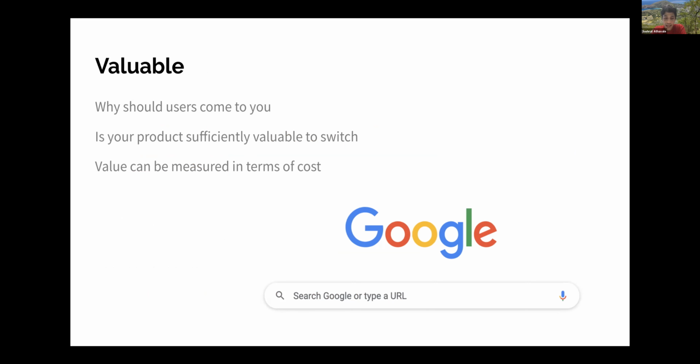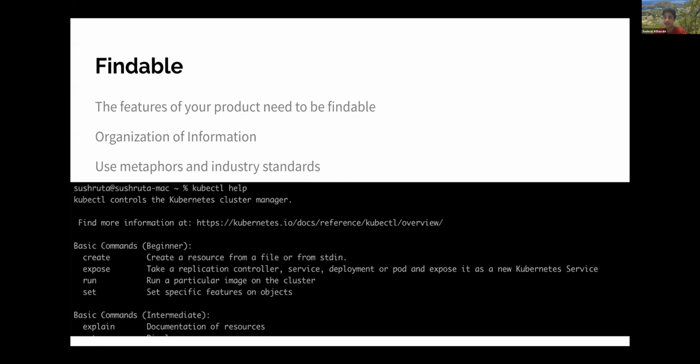AWS, in my opinion, is very confusing to read when you first start using it. You log into the AWS console and you click on the top left somewhere and see all the products and all the things you can use. And you get a huge list of all 1,500 things you can do in AWS. For someone who has never used it before, it's really hard to find things in AWS.